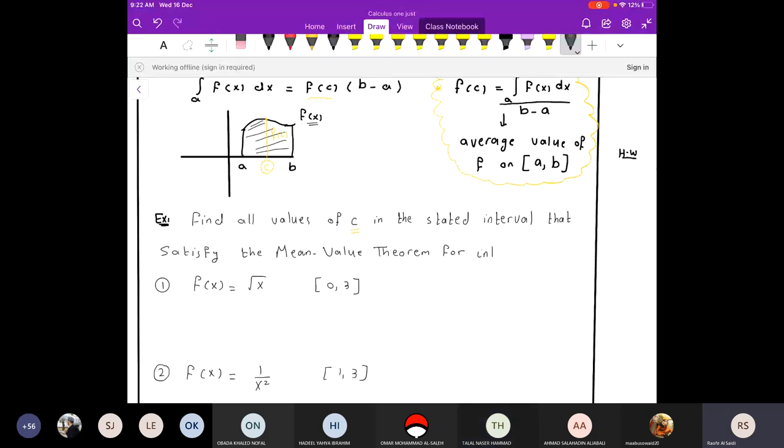So if f(x) equals the square root of x, the integral from 0 to 3 of x to the power 1/2 equals f(c).